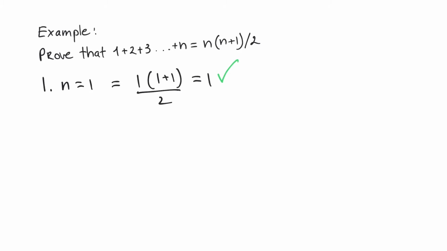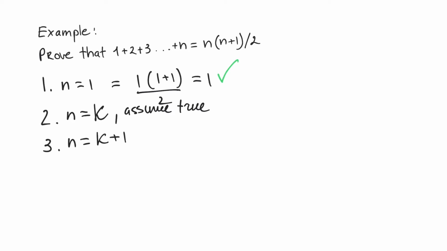Now let's move on to the second step. In the second step, we assume that n equals k, and that the statement holds true for k. Now, lastly, the third step, and this is the creative part of it really, is we have to show that the statement, assuming it is true, for n equals k plus 1 has to be true as well.